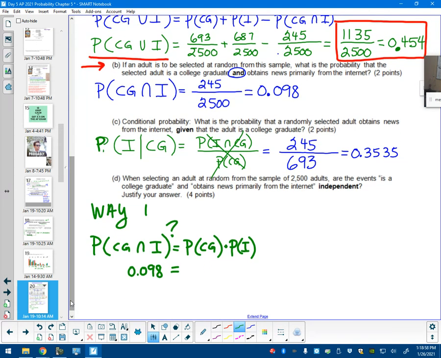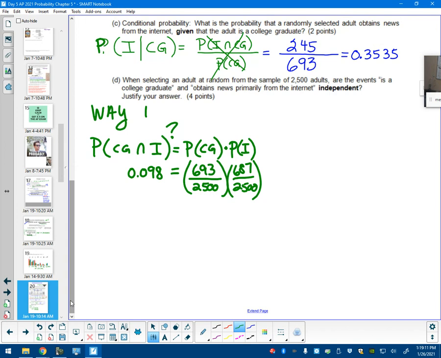So I can use 693 over 2,500 times 687 over 2,500. The reason I say use the original fractions is because if you have rounded to get an answer before this point, then it's not going to work out like it should. So somebody multiply those together. Who is going to be selected?